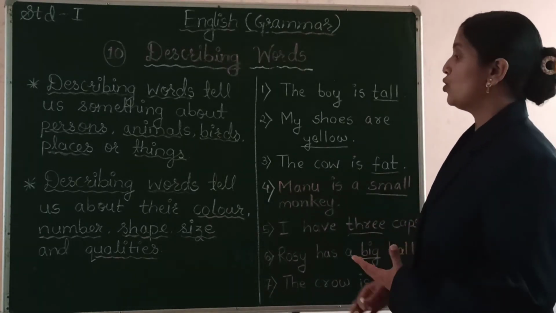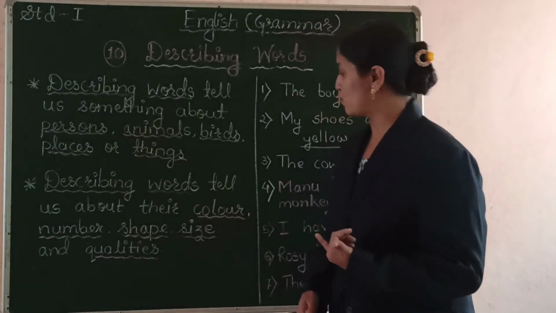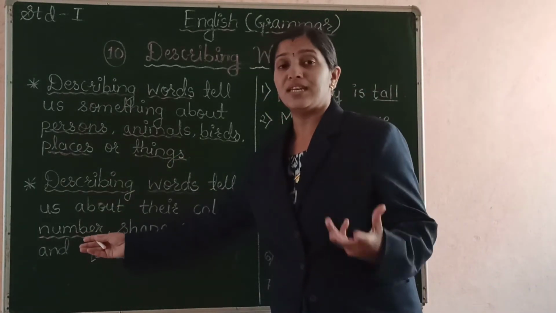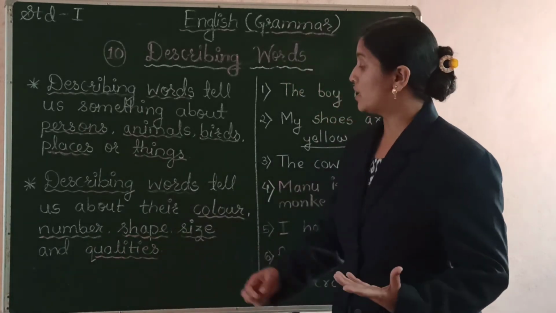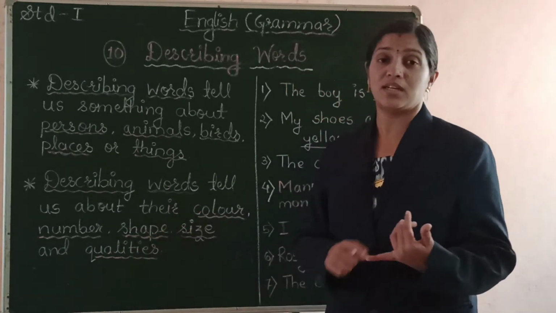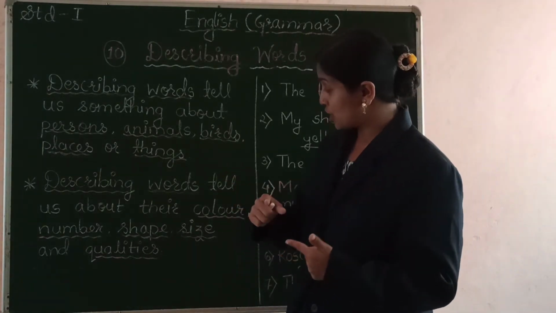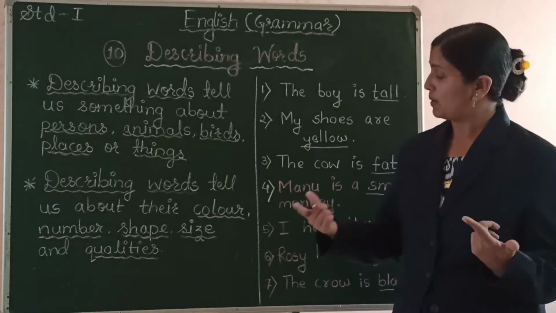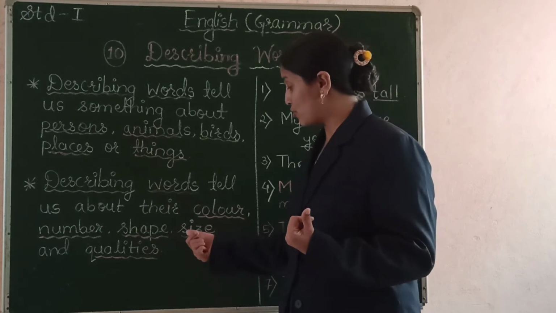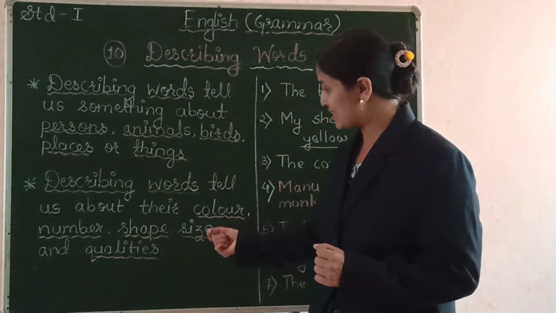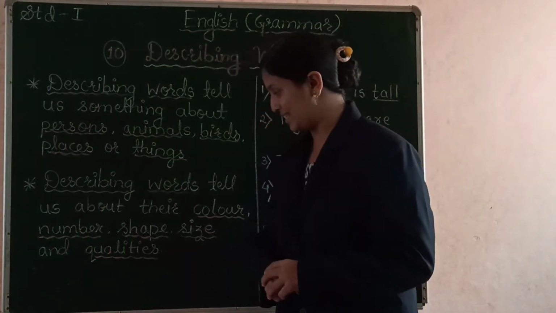So as I told you, describing word can give us information about the color of the object. It can tell us about the number, how many they are. It can also tell us about the shape. It is round shape, it is triangle shape, it is semicircle shape, it is square shape, any shape. Also it tells us about the size. Yes, small, big, it tells us about the size, and it tells us about the qualities.